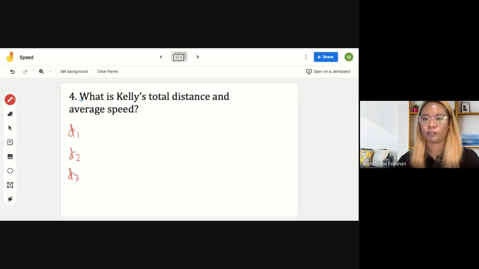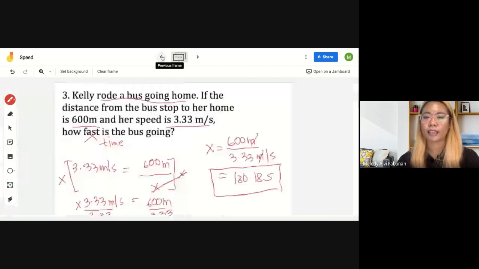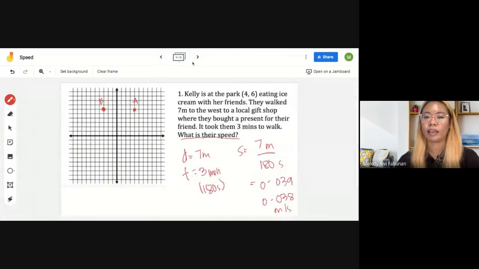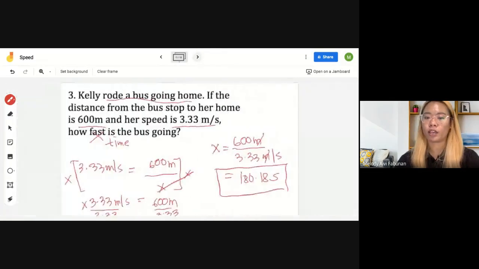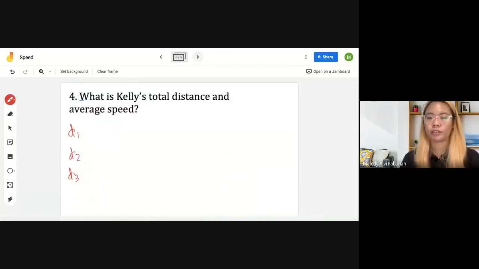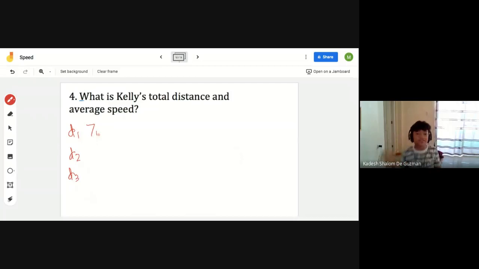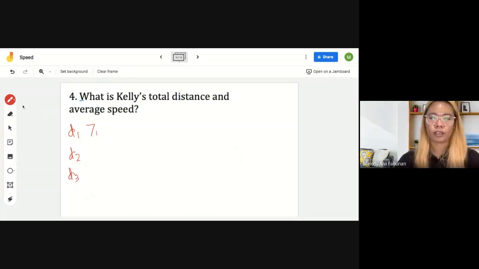Okay. So let's add up the distance that was traveled by Kelly. The first one is from the park. They went to the gift shop, which is 7 meters. And then from the gift shop, Kelly went to the bus stop.